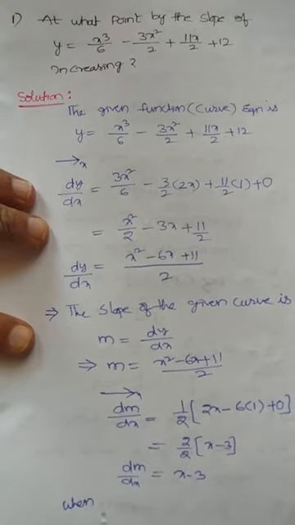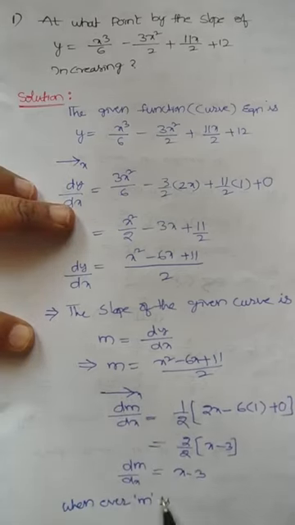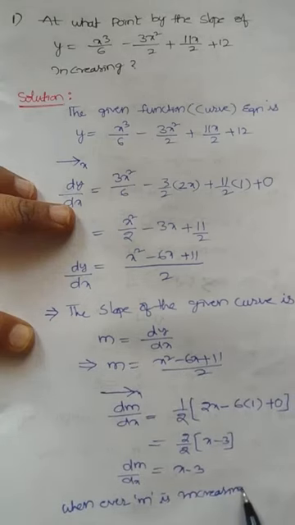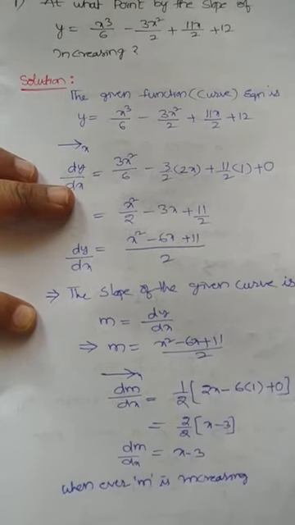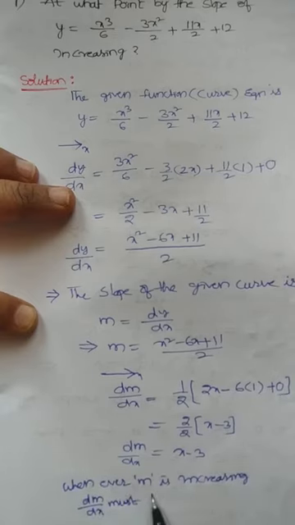Whenever m is increasing, dm/dx must be greater than 0, isn't it?